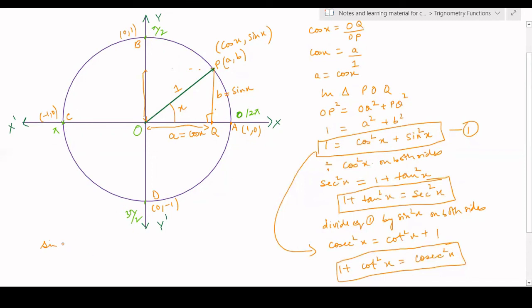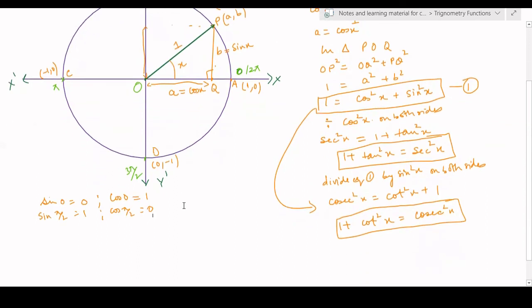So my sin 0, which is y in the coordinate, gives you 0. And cos 0 gives us 1. Similarly, sin pi by 2 is the y of this coordinate 0, 1, which is 1. And cos pi by 2 gives us the value 0.